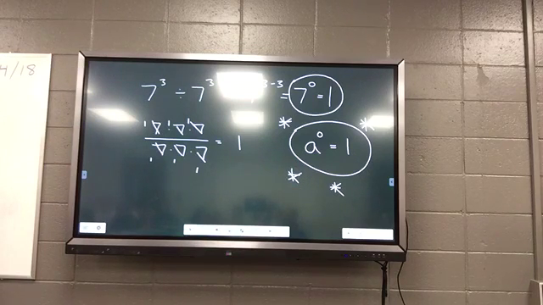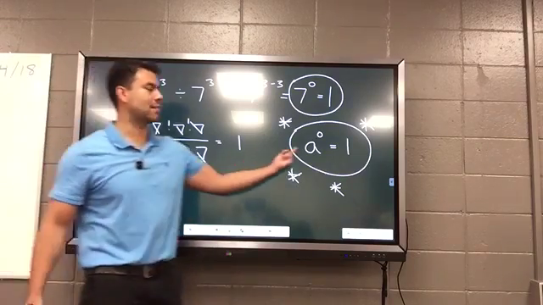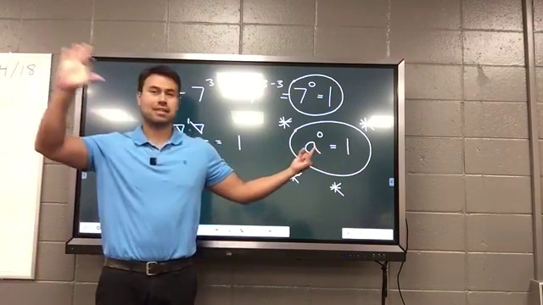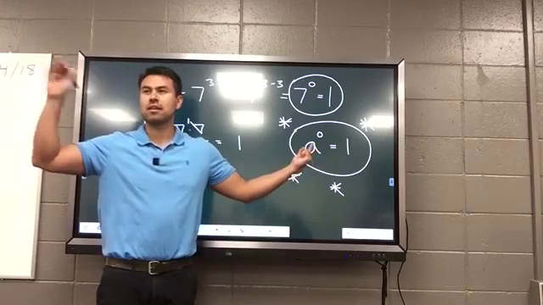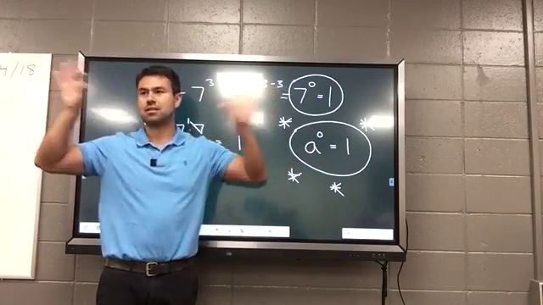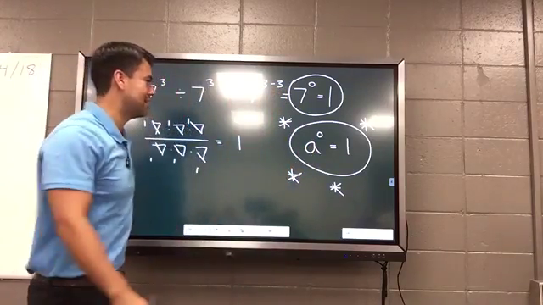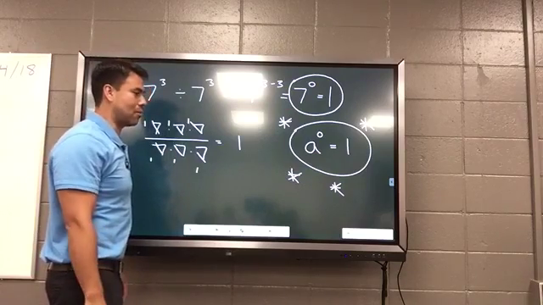Write that down. Commit it to your memory. Any number to the 0 power, or 0 exponent, is equal to 1. Except for 0, by the way. A cannot be 0. That's the only exception, because 0 to the 0 power, I'm not comprehending that. But I won't give you that.